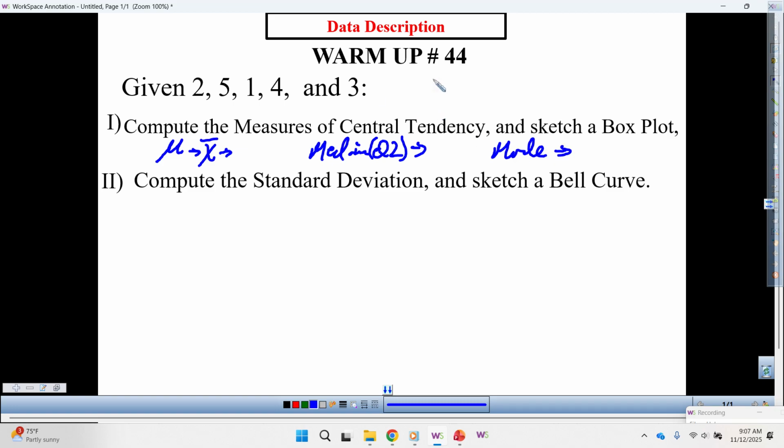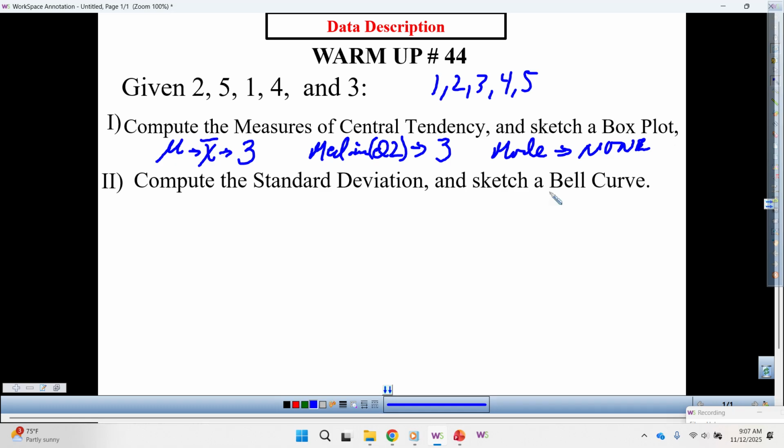All right, so let me write these in order: 1, 2, 3, 4, and 5. So the mean, let's see, 3, 6, 10, 15, divided by 5, that is 3. Hands up if you got 3. Median is 3. And mode, none. Okay, we good? Yes.